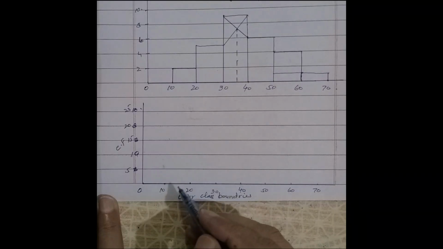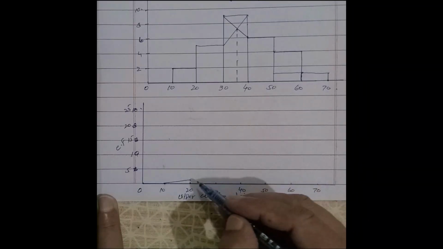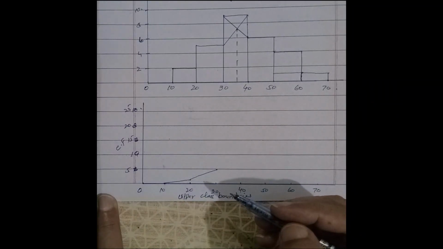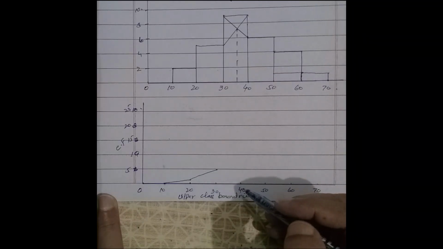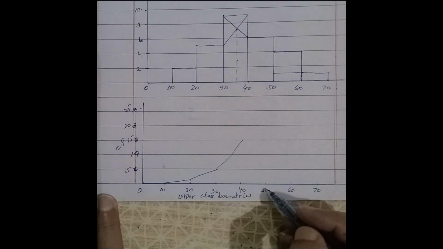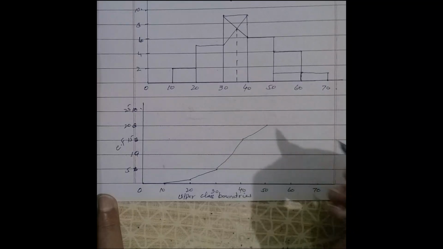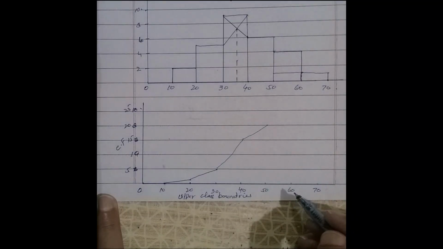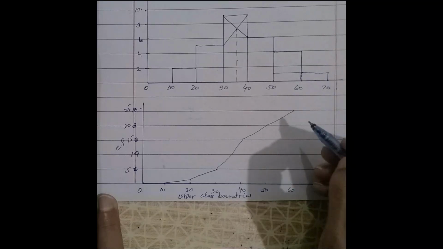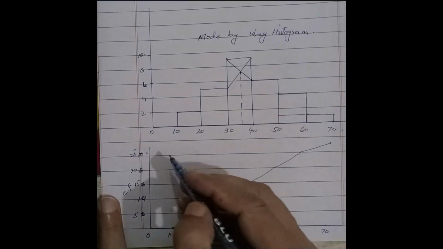So here it is the cumulative frequency polygon.